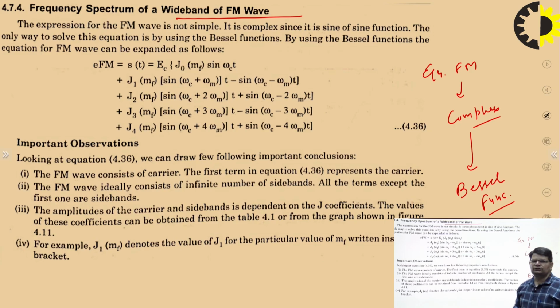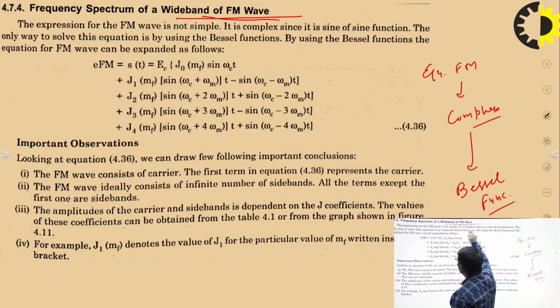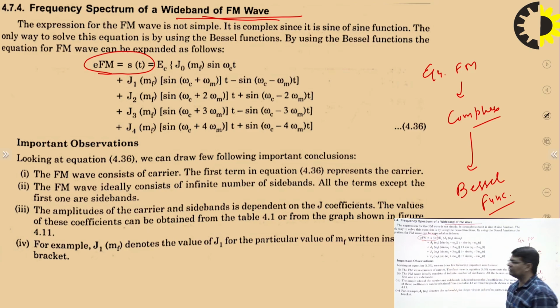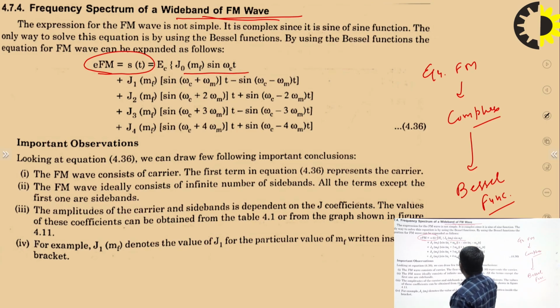Bessel functions are used for representing the equations for the FM wave. So, this is the equation corresponding to the wideband FM modulated signal, where we can see that we have a carrier signal, then we have a number of sidebands.